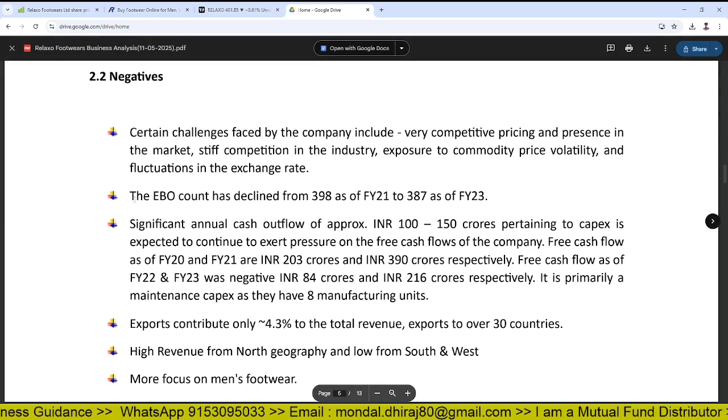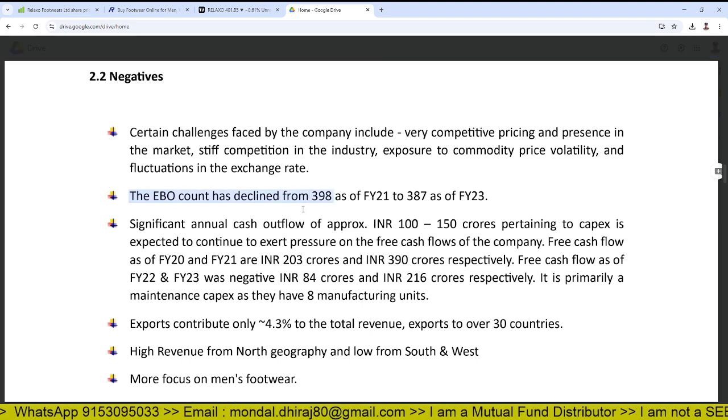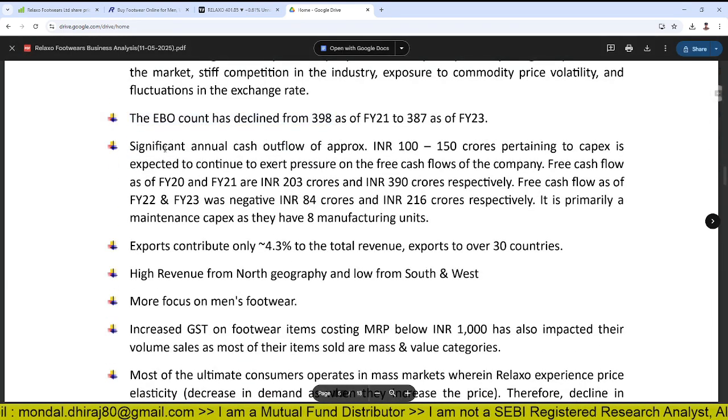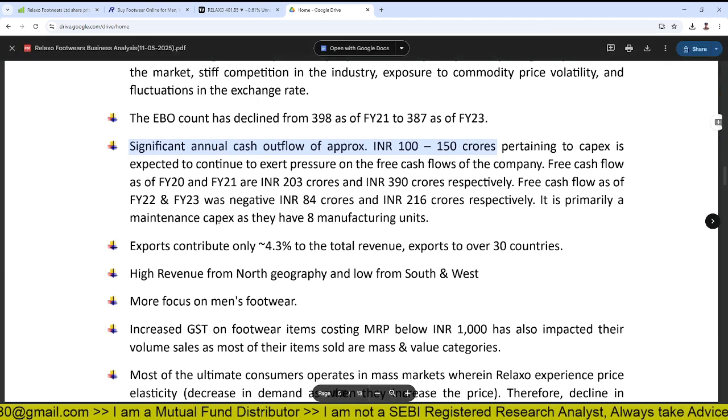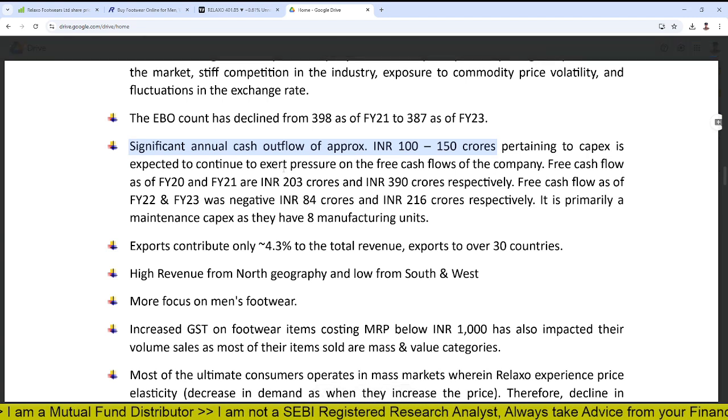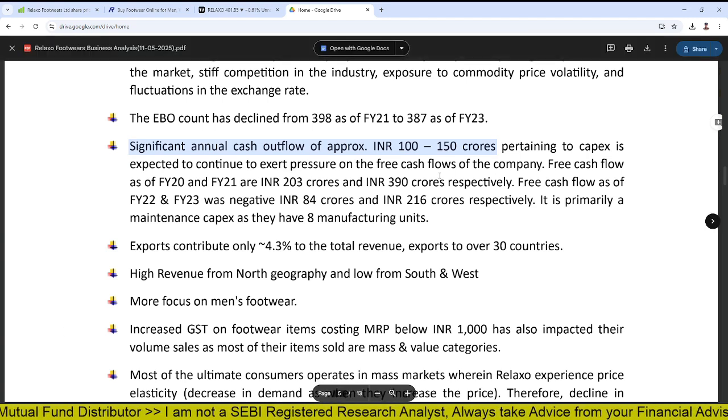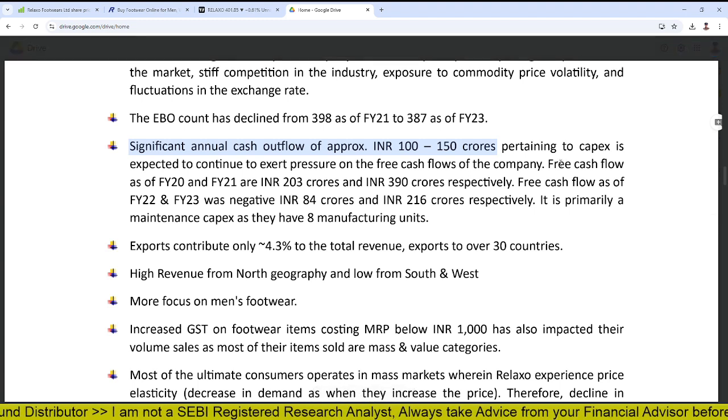Next negative point, the EBO count has declined. You can see from 398 to 387 from FY21 to FY23. So EBOs also declined. Significantly, annual cash flow of approx 100 to 150 CR pertaining to capex is expected to continue to exert pressure on the free cash flow of the company. So for the new investment there was pressure on free cash flow.